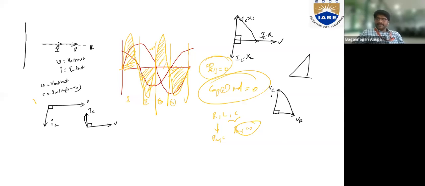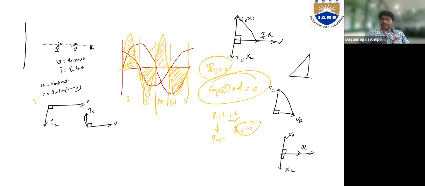Impedance triangle is what we form here. Before multiplying by the currents IC, IR, IL, if I take this as reference, I'm representing R on this axis, XL here, and XC here, with 90 degrees between them. Is that okay?